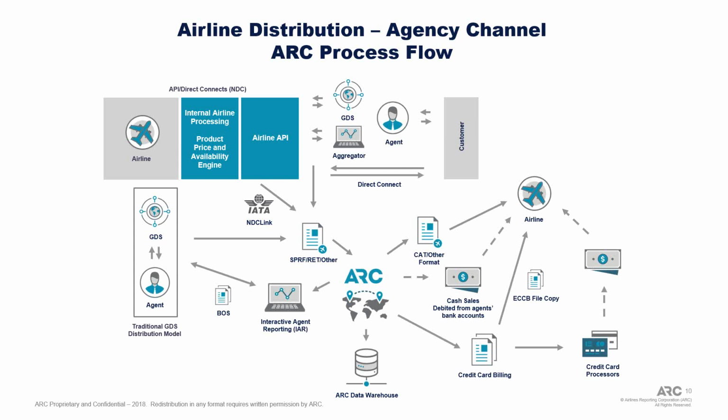We get those daily on the SPRF file. The RET file is actually IATA's version of that. The RET is what's transmitted from airlines and GDSs to IATA to settle early credit card billing. I won't jump off into that deep ocean for the moment, but suffice it to say it's our daily billing process.